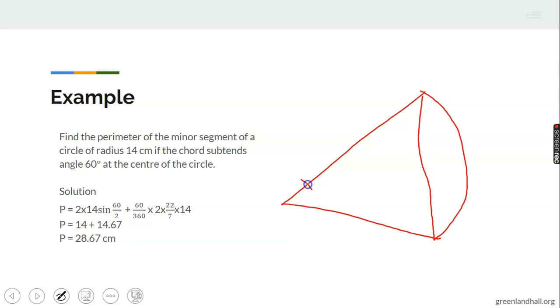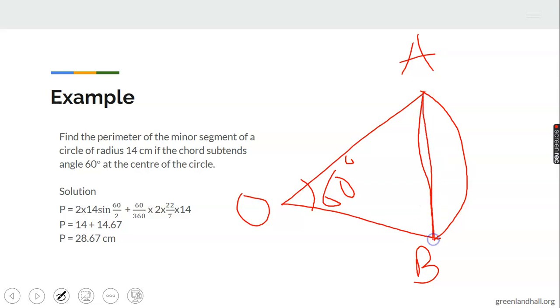Yes, this is the angle at the center, 60 degrees. This is A, this is B, this is the chord AB, and this is the center of the circle. So we need this chord as well as this arc. This portion is the segment.